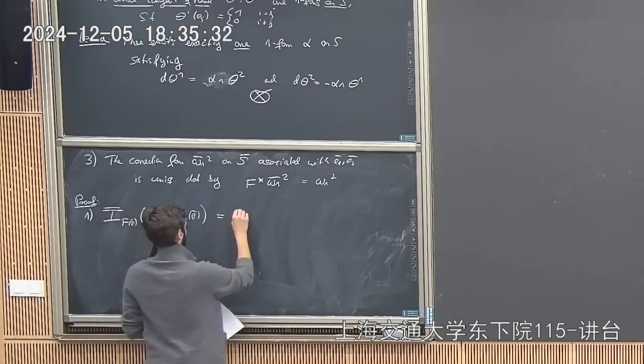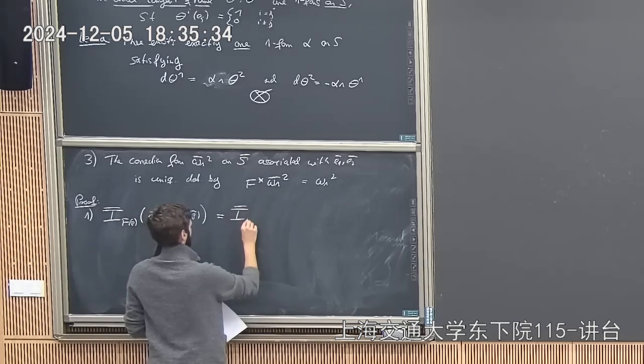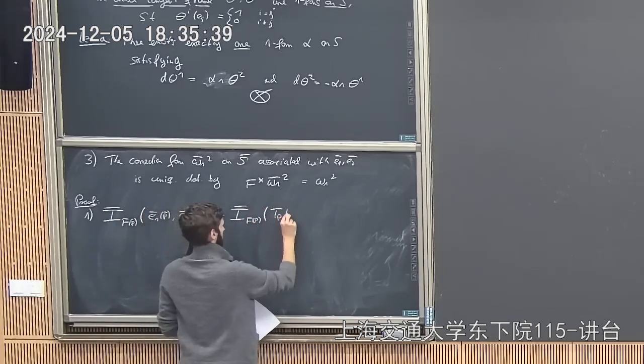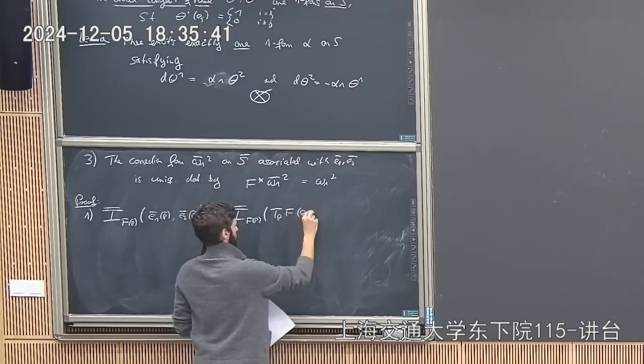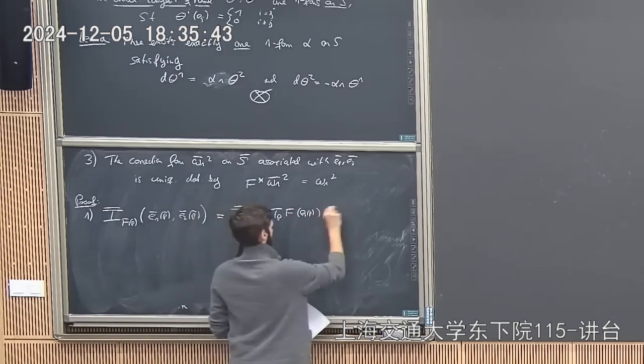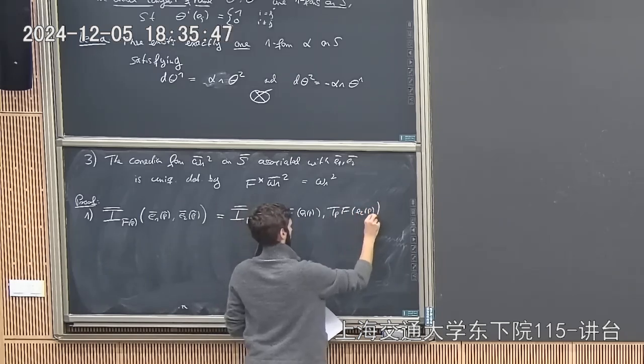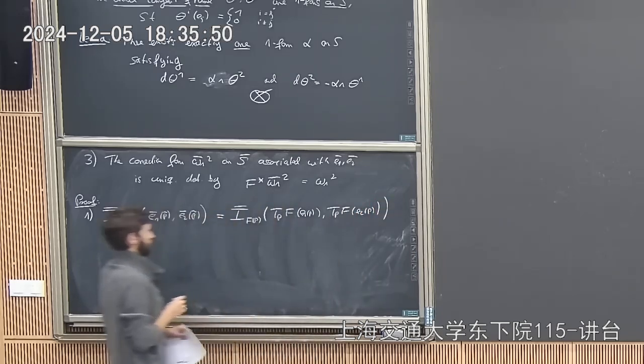So we use the definition of how they are defined, namely taking TPF of E1 of P, and then taking TPF of E2 of P, and then plugging them in the first fundamental form.